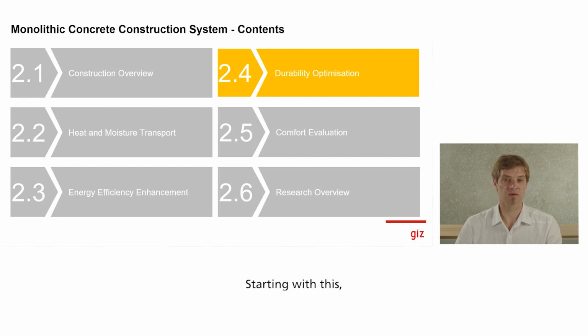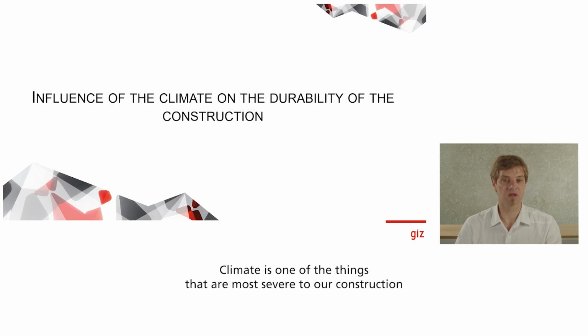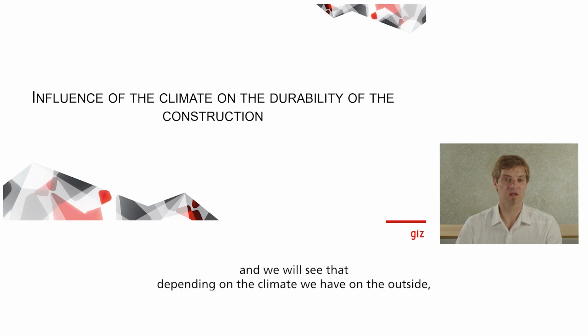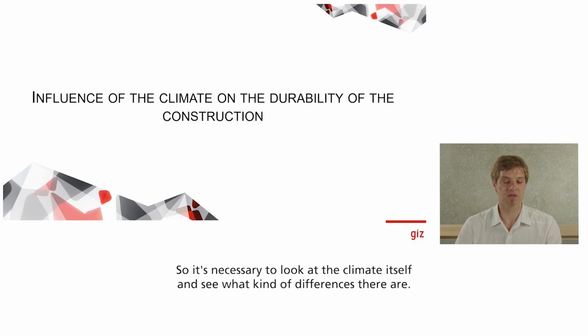Starting with that, I would go first into the influences of the climate on the durability of the construction. Climate is one of the things that are most severe to our construction, and we will see that depending on the climate that we have on the outside, the different constructions act differently. So it's necessary to look at the climate itself and see what kind of differences there are.